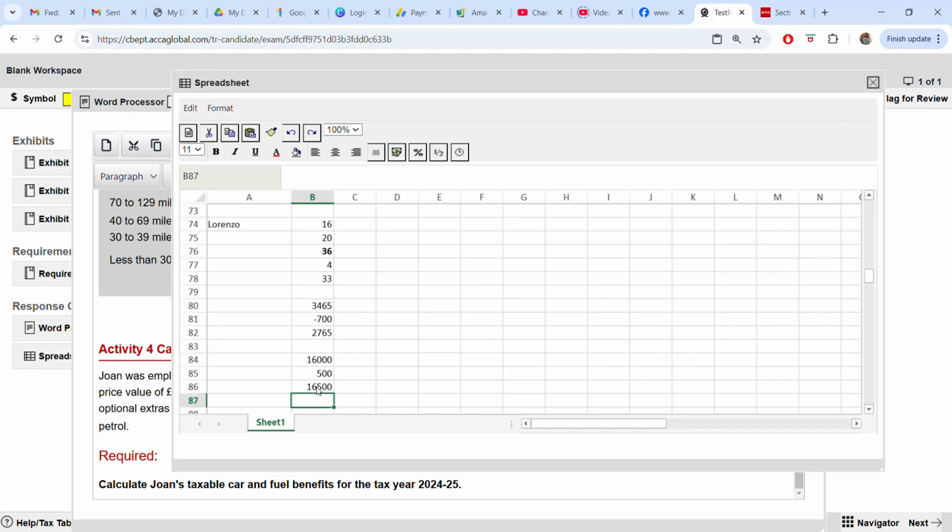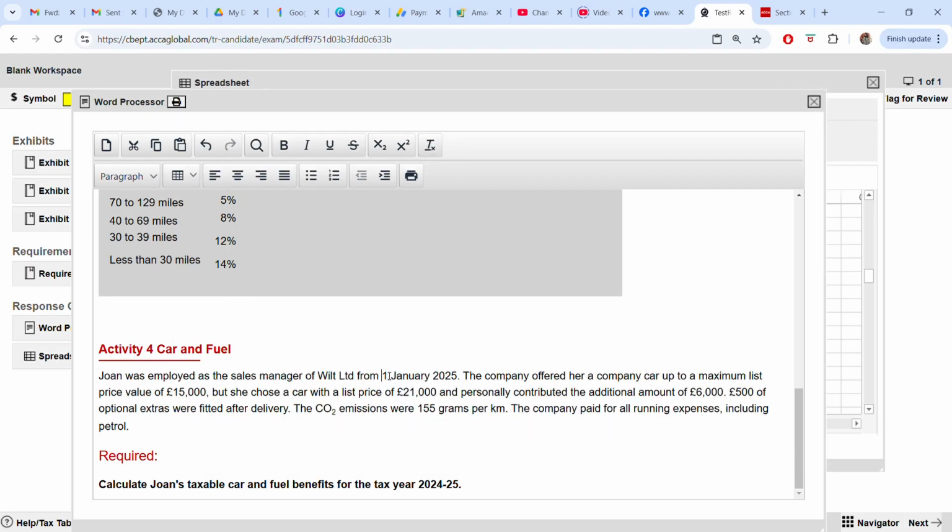Done. So now your list price is 16,500, percentage is 36. You have to take the number of months, for how many months it was there. It was Jan, so it's only there for 3 months. Jan, Feb and March, 3 months.